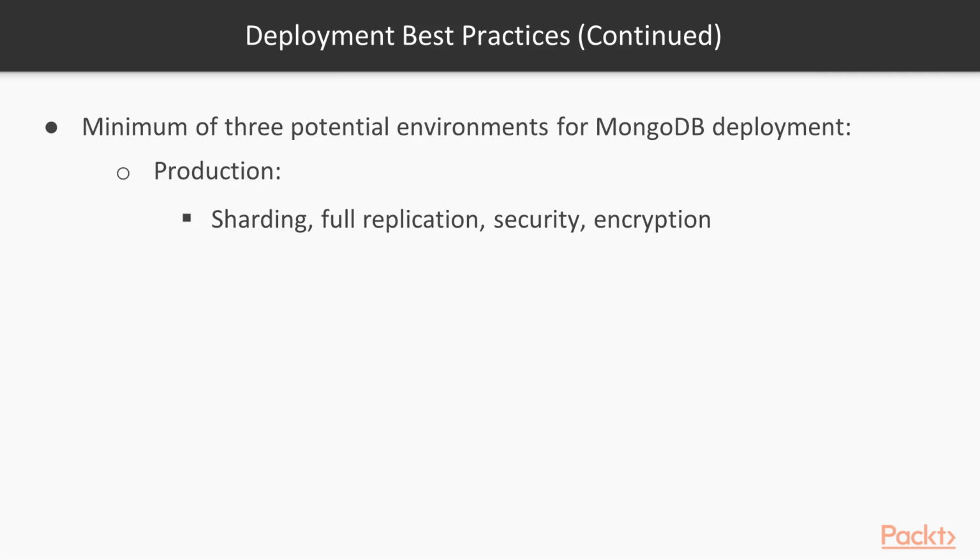Your development environment, you could have everything operating on one laptop like I do. I also have configuration set up on my laptop where I can connect to a single node instance of Mongo, or I can connect to a replication set that I have set up on my network, or I can connect to a sharded cluster with full replication also set up on my network. And I can do that through the application configuration software.